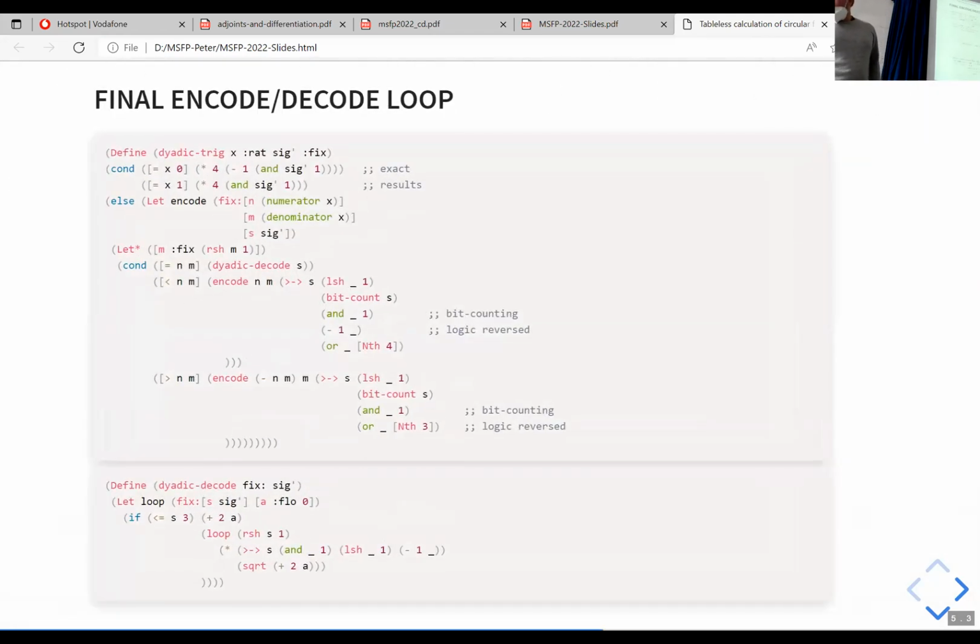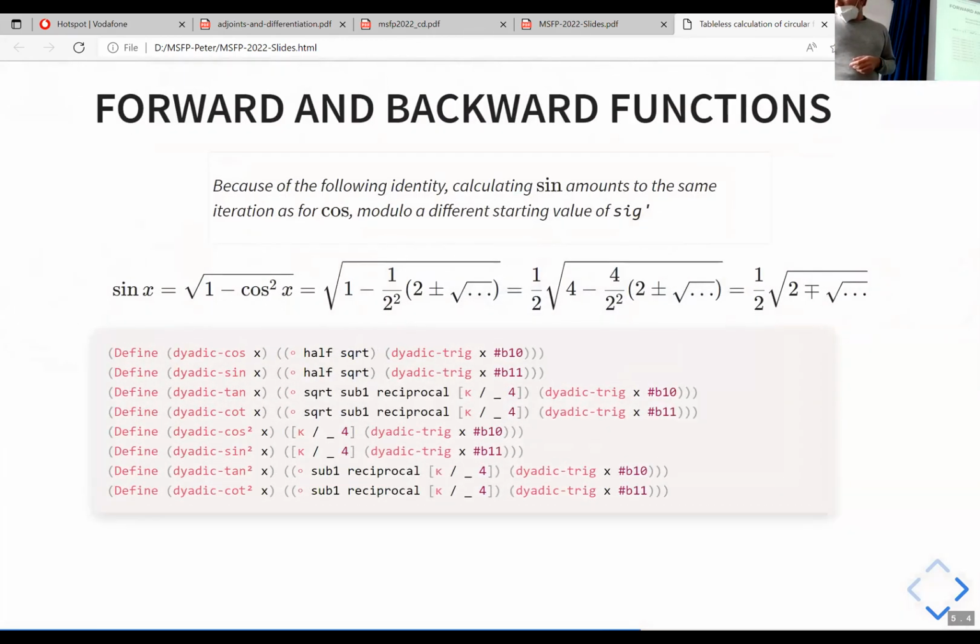So how did I finish with this? I applied all these control optimizations and representation optimizations, and then we get this very nice function, which I think is quite simple, and it looks like it could also be used for implementation of the reverse. And that was my next target.